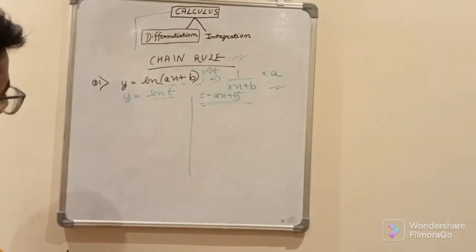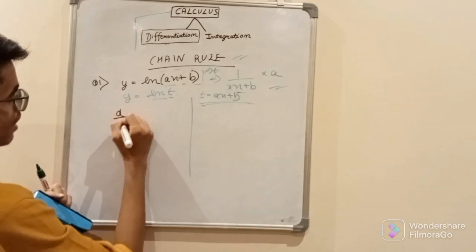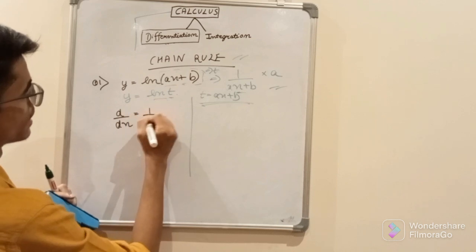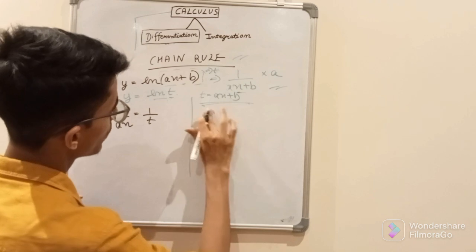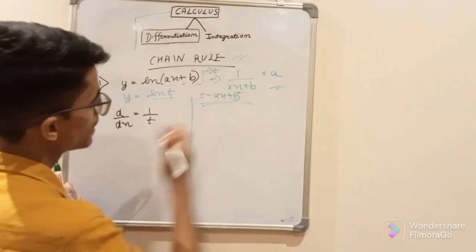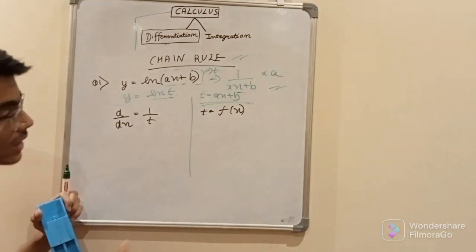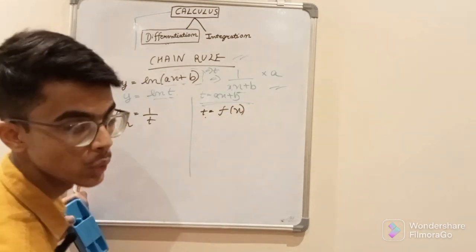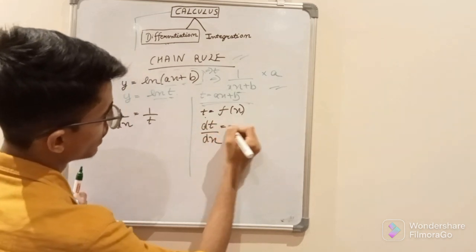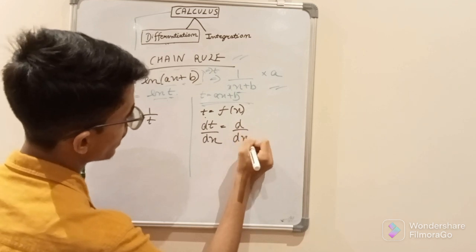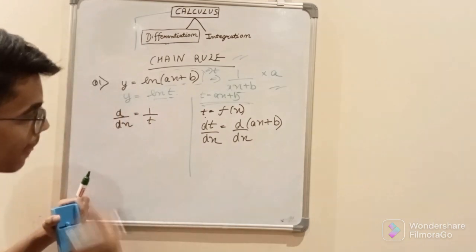So the differentiation of ln t is nothing but 1 upon t, and you can see over here that t is a function of x. So this means that this time we will not differentiate y with respect to x, this time we will differentiate dt upon dx. That is d upon dx of ax plus b.